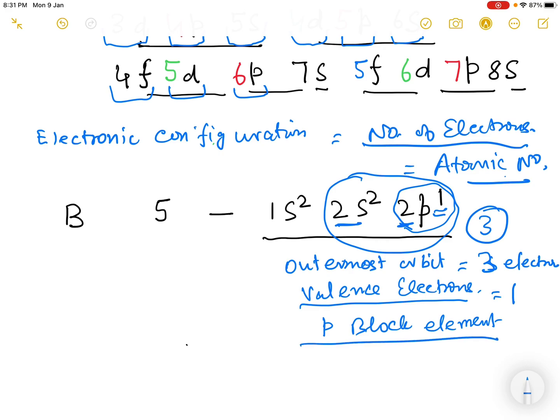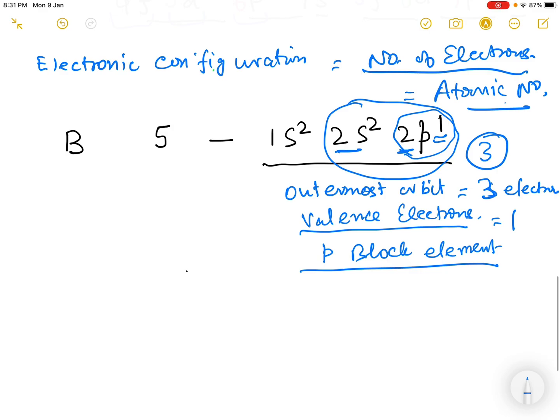See, now with this electronic configuration we can determine many more things, like how many electrons are in the outermost orbit, what the number of valency electrons is, and what the place of this element in the periodic table is. Now we take some more examples. Oxygen, whose atomic number is 8, how can we arrange them? 1s, 2s, 2p, and then 3s.